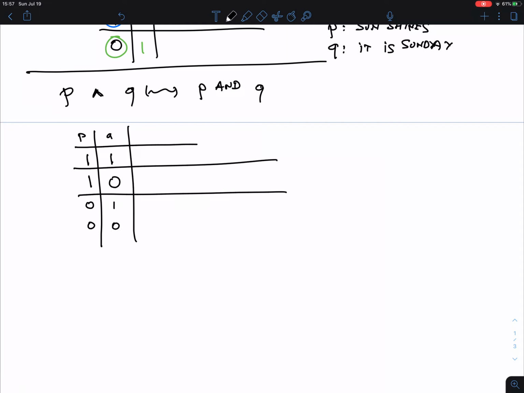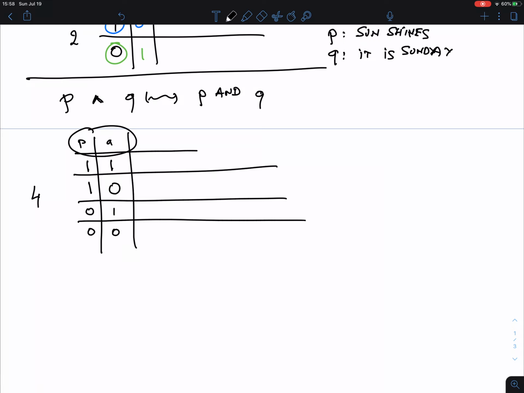So if you have one propositional variable, you have two rows. If you have two propositional variables, you have 4 rows. We will talk about what happens if you have 3 or 4 and so on. You could try to figure it out yourself, but let's keep going.